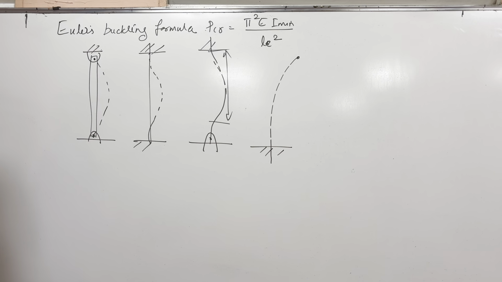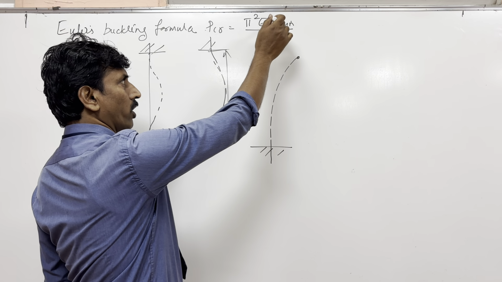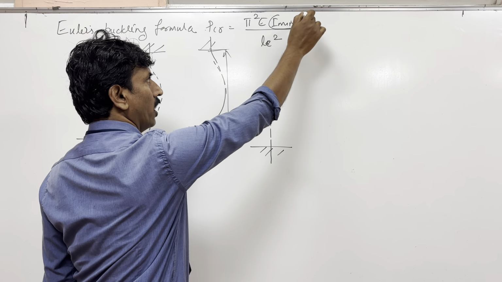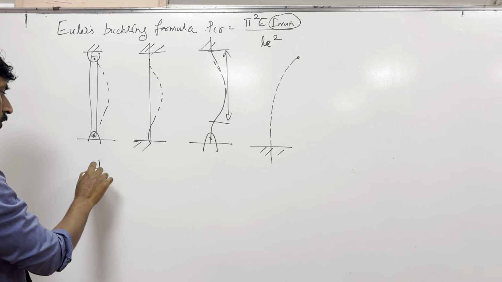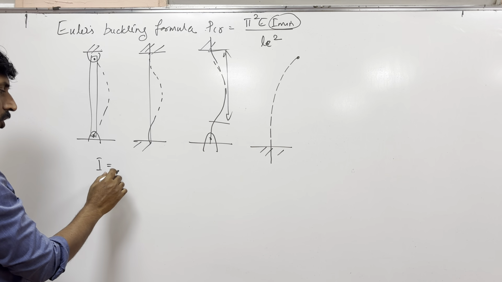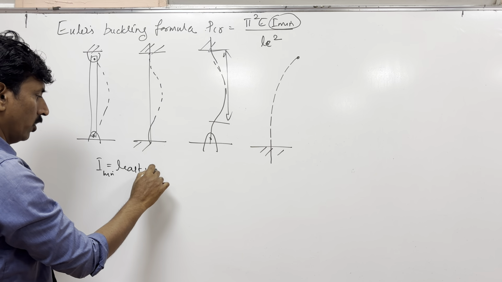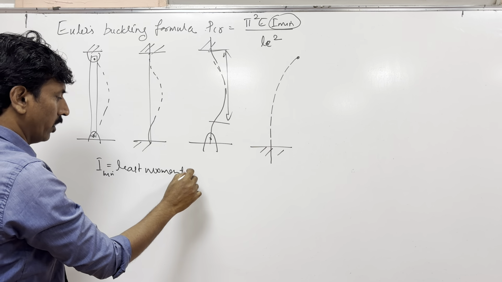Now this Euler crippling formula, or Euler buckling formula, is given by pi square E, this is constant, this is I minimum. I minimum refers to the least area moment of inertia.